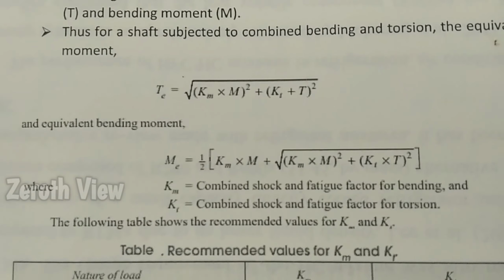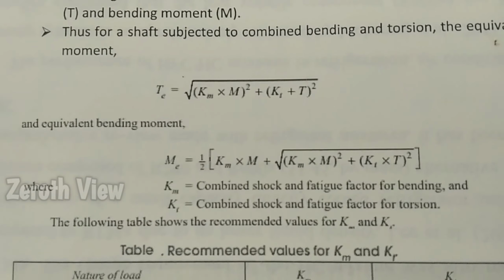Next we are going to calculate the bending moment. The maximum bending moment of a simply supported shaft carrying a central load is M equals W into L by 4, where we know W as 900 and L as 2.5.